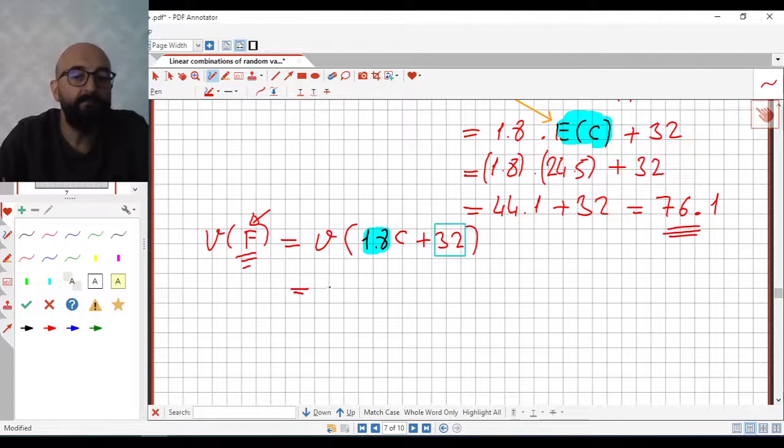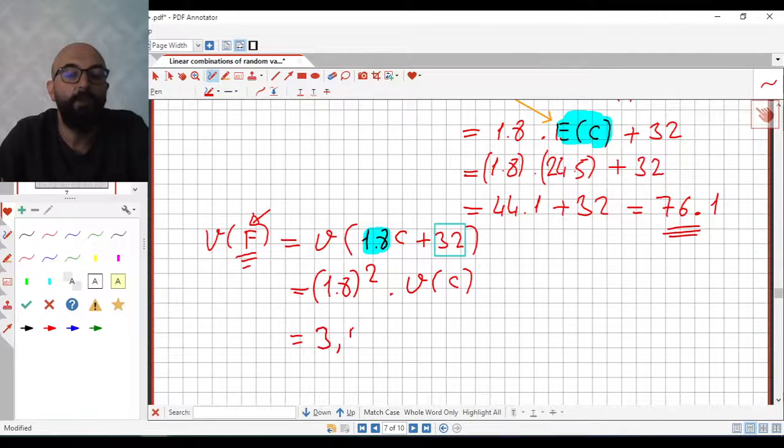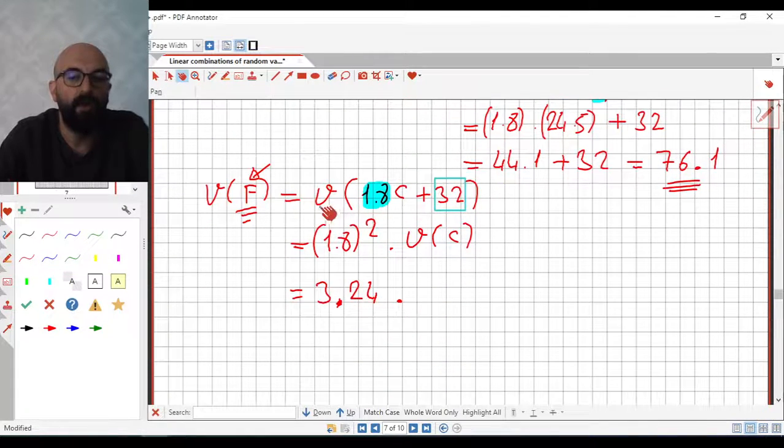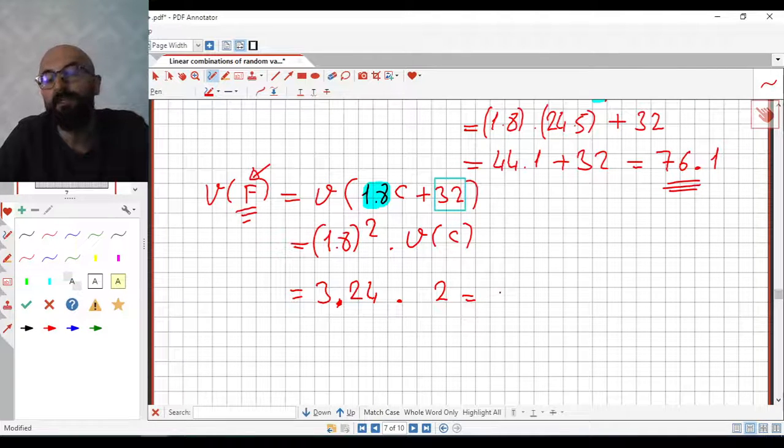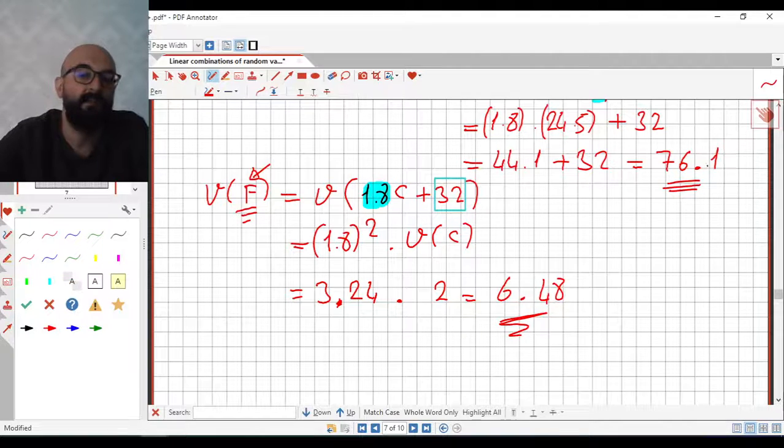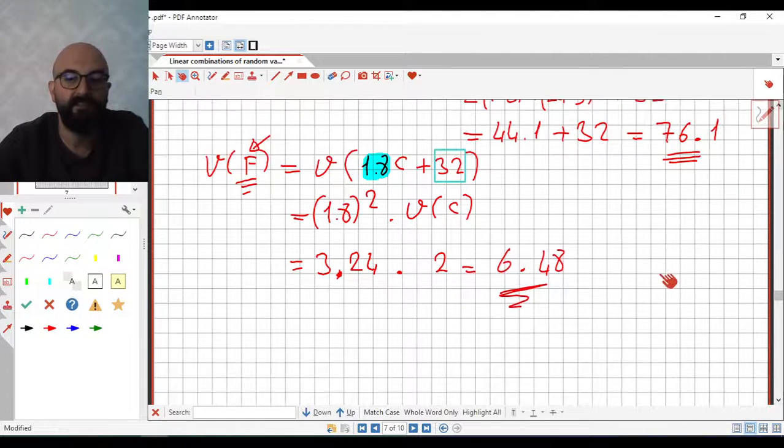So it means 1.8 squared multiplied by the variance of Celsius. 1.8 squared is 3.24, multiplied by the variance, which is 2, gives 6.48.